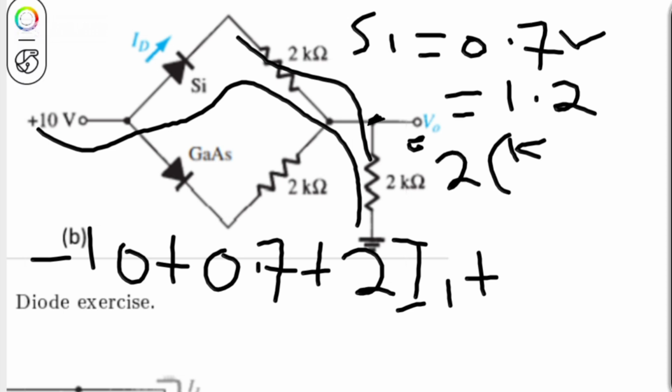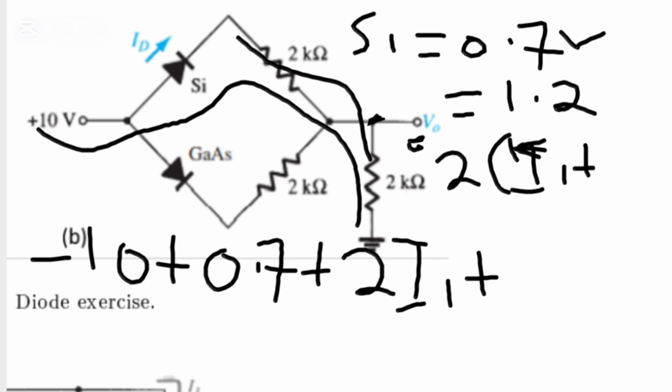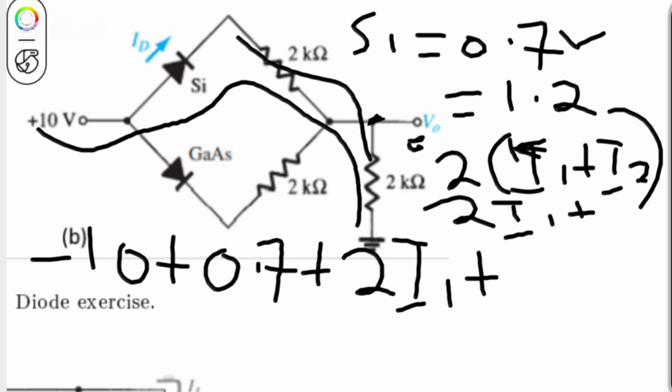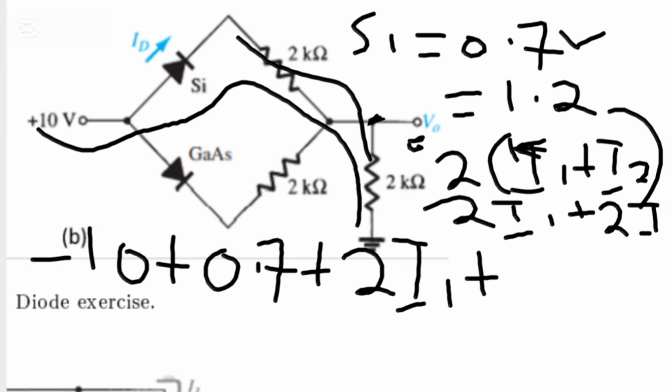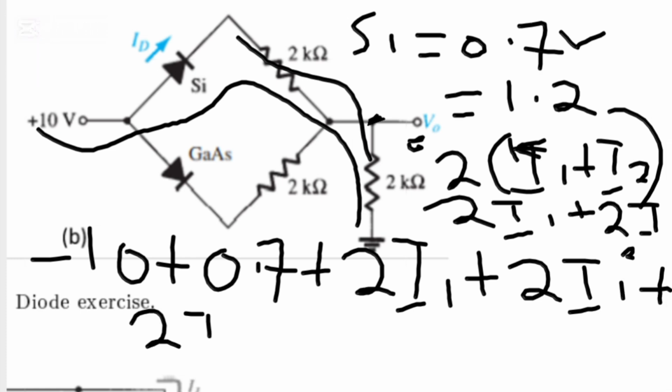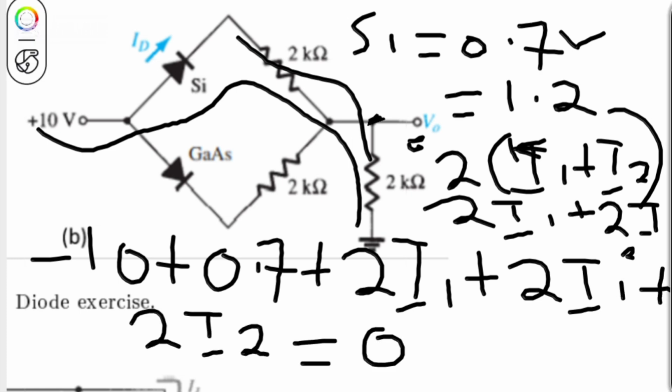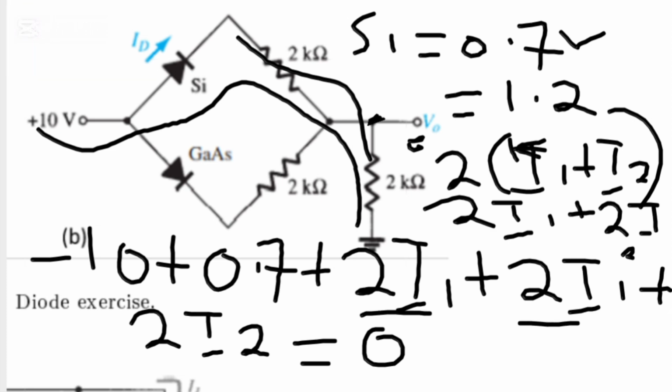So if 2 times I1 plus I2, what shall I get? If I distribute, I will get 2I1 plus 2I2. Also I have 2I1 plus 2I2, all equal to 0. I1 and I1 are in common, so I have to add them and they will become 4I1. So you have to be writing it down.